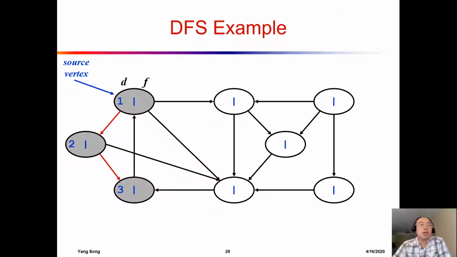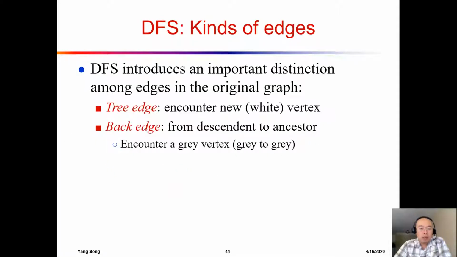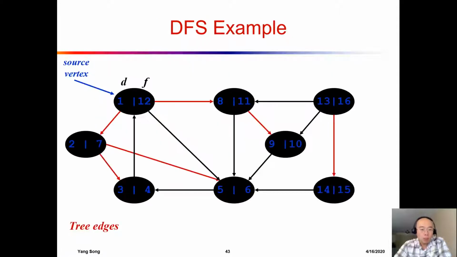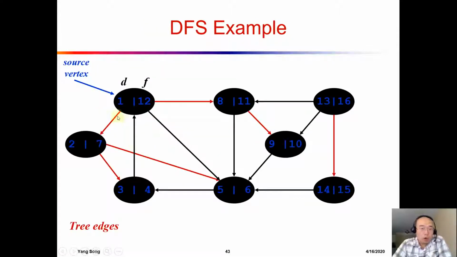So this will guarantee that we can always use that algorithm to explore new white nodes. However, we will never go back to a green node or a black node because we have already explored that. So this algorithm will guarantee that we won't go back to an explored node. So this means we won't have cycles if we only keep the tree edges. Okay, so all the red edges are the tree edges.